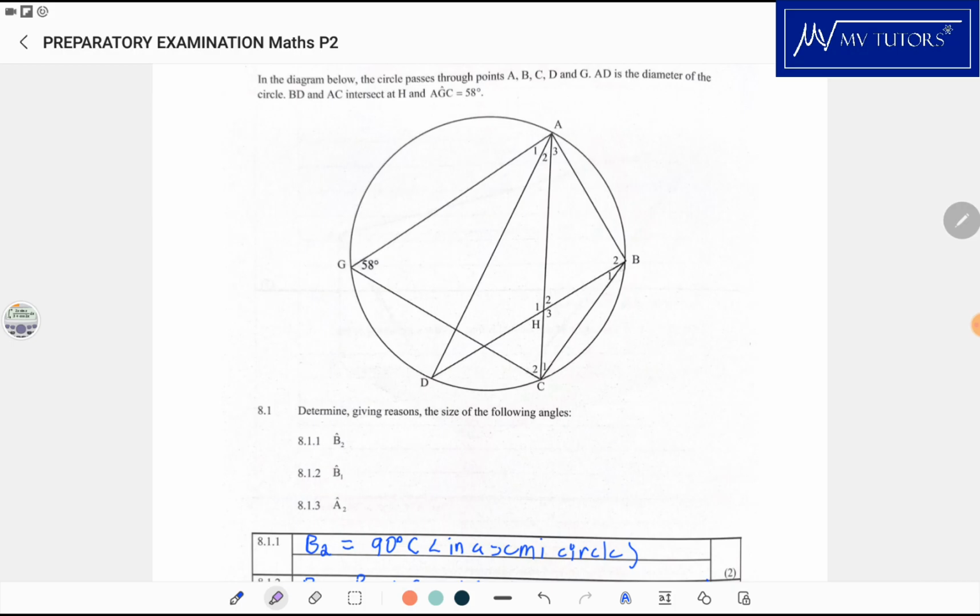The tangent is AB. Now I want to draw the actual circle. They said it's passing through A, then it goes to H, then to D, and then it comes back to A.